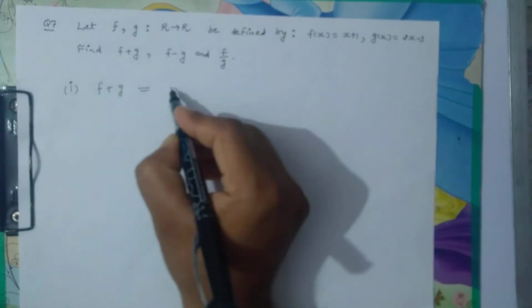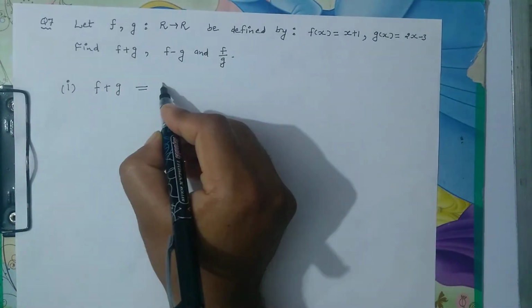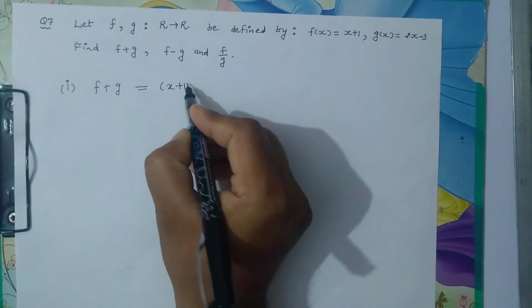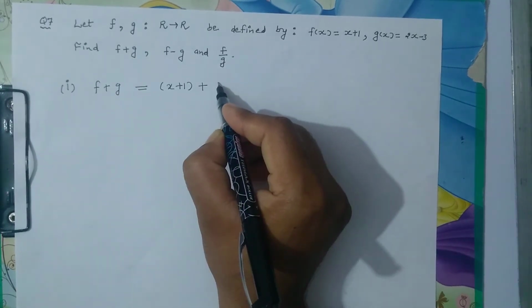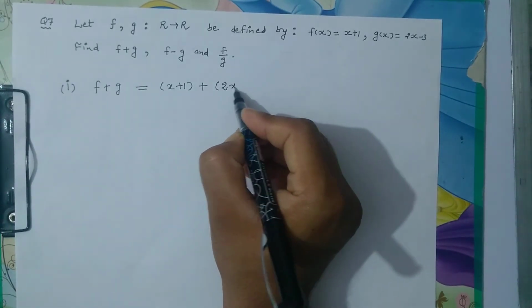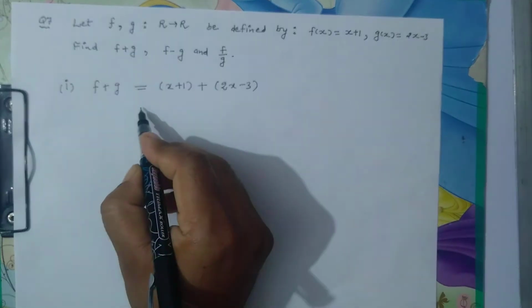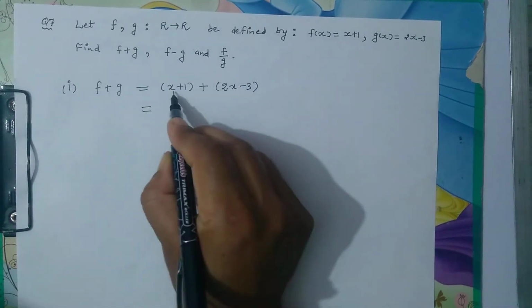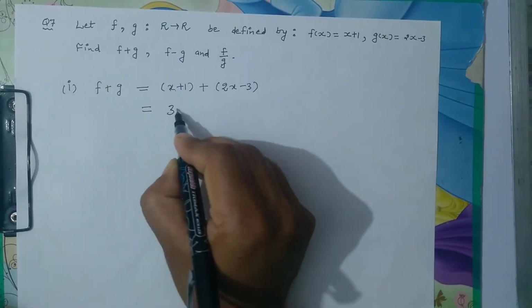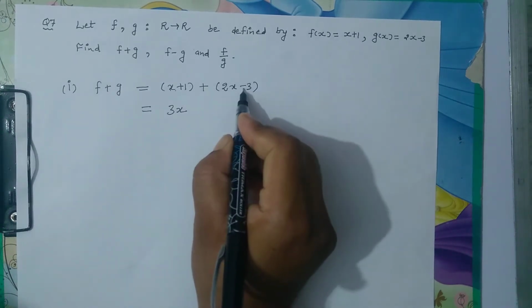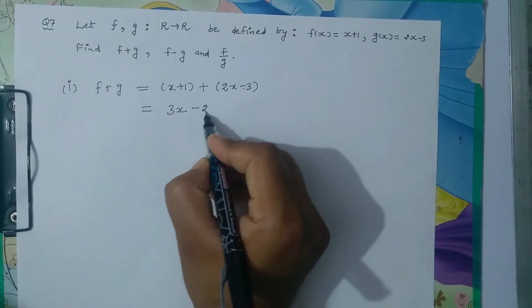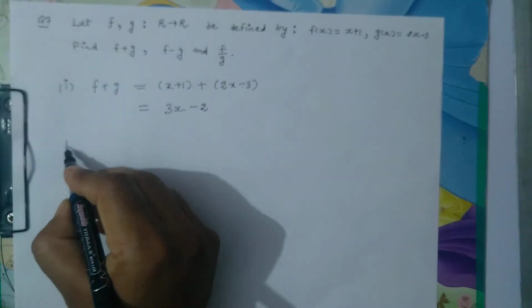This is equal to f of x is x plus 1 plus g of x is 2x minus 3. So adding the like terms, 2x plus x is equal to 3x, 1 minus 3 is equal to minus 2.